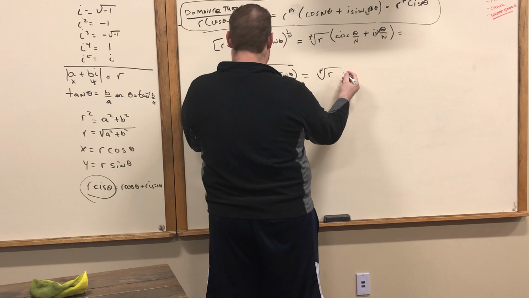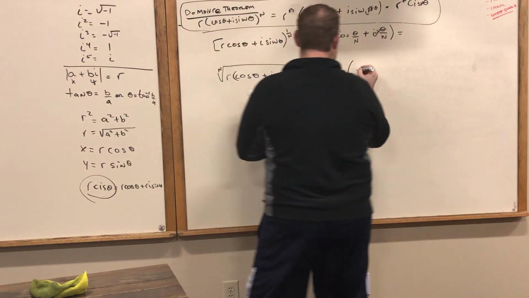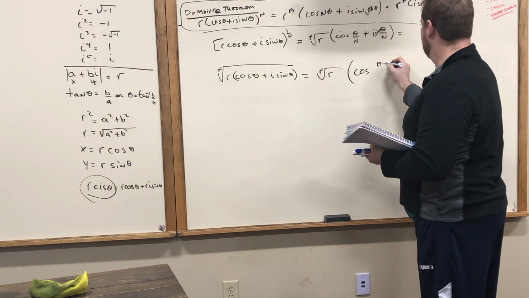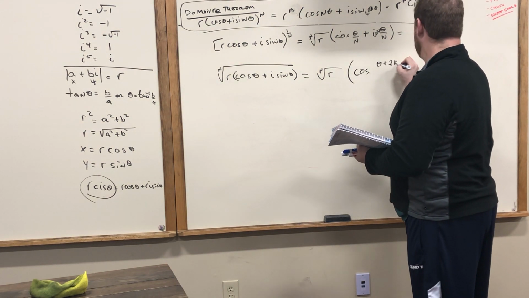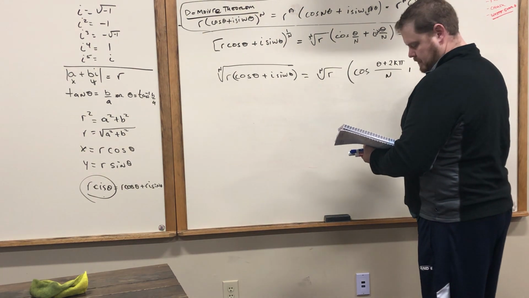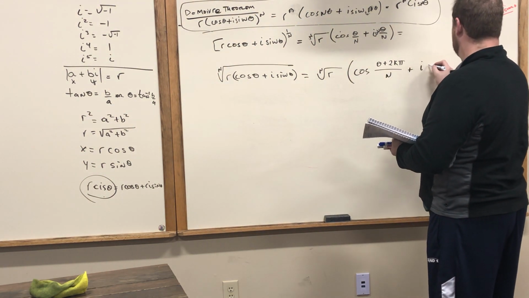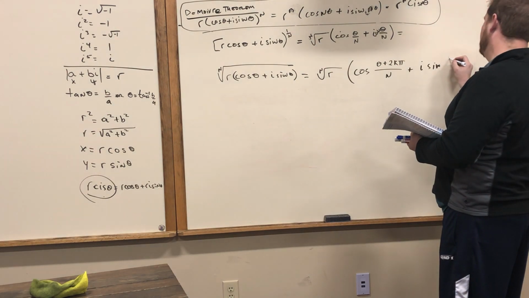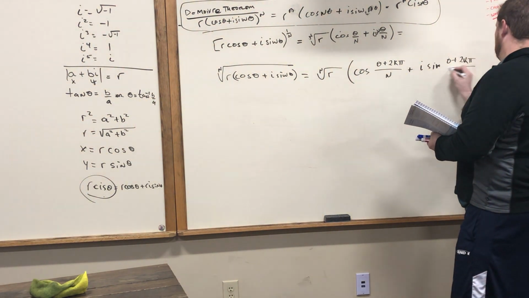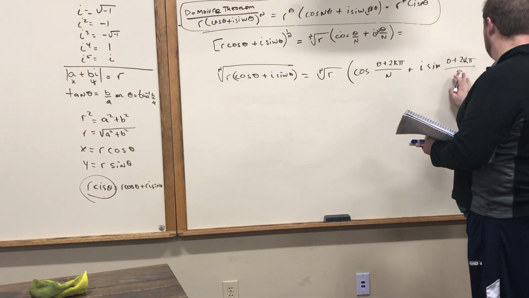Obviously, n, r, theta. Now our cosine is going to be theta plus 2k pi over n, plus i sine, and the same thing over n.